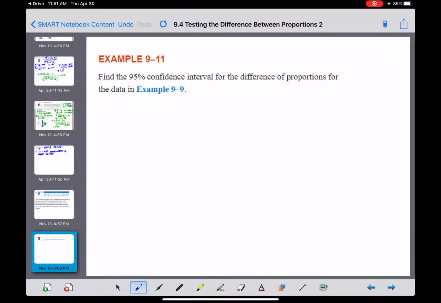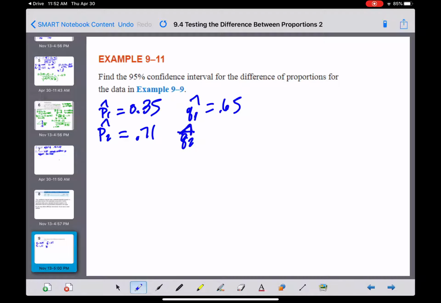Okay, so for the last one we're going to use example 9.9, which was the first one we did. To refresh your memory, P1 hat was 0.35, P2 hat was 0.71, Q1 hat was 0.65, because you take 1 minus 0.35, and Q2 hat is 0.29.